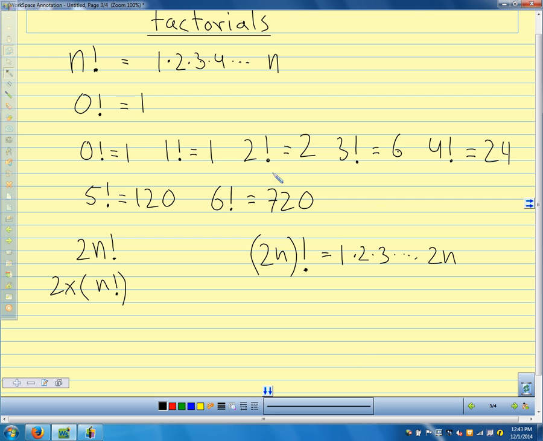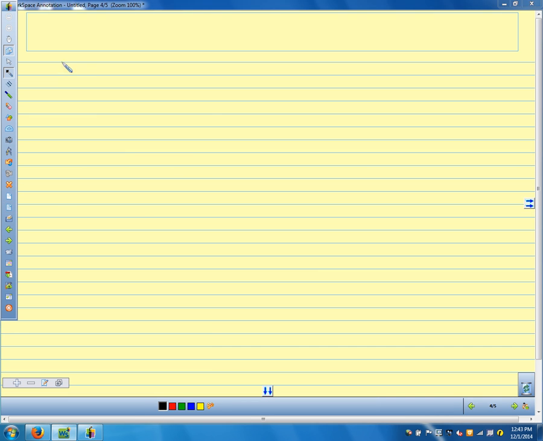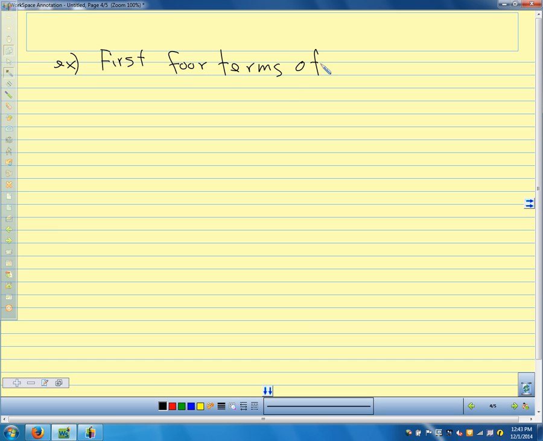All right, let's do a little practice with factorials. They'll show up quite a bit. Let's write the first 4 terms of this sequence: a sub n equals n squared over n factorial. So a sub 1 is 1 squared over 1 factorial, which equals 1.